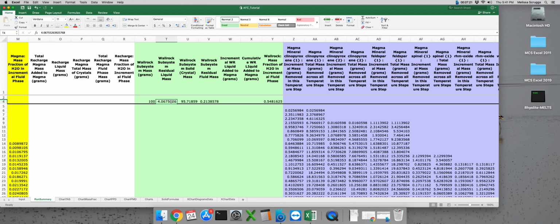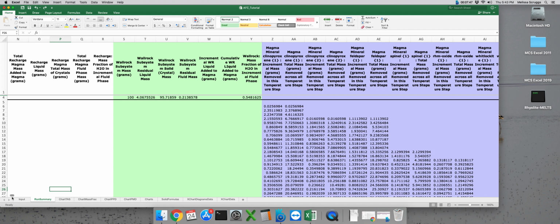Say in this example it's at 670.5 degrees, which may be somewhat lower than the 5 grams you initially set. My advice would be to play around with your FM0 and delta T for the wall rock find solidus function and get as close as you possibly can to reconciling this. And if you're not doing any assimilation, you can use the wall rock hack function to avoid this altogether, and there won't be any information in row 4.